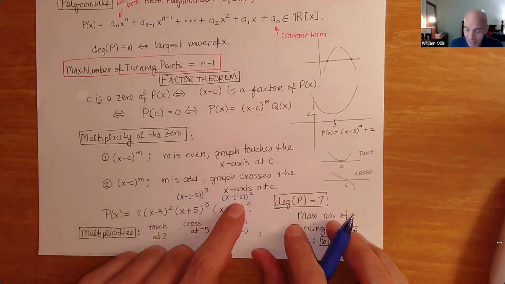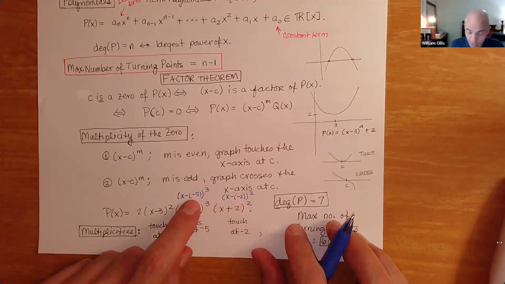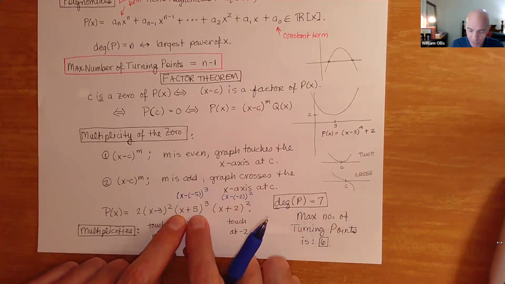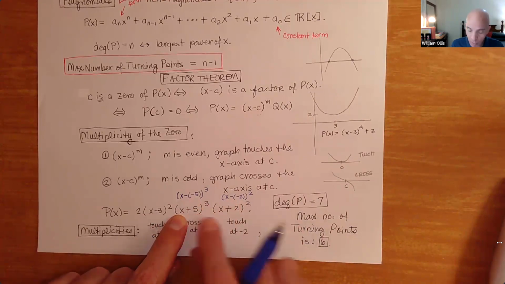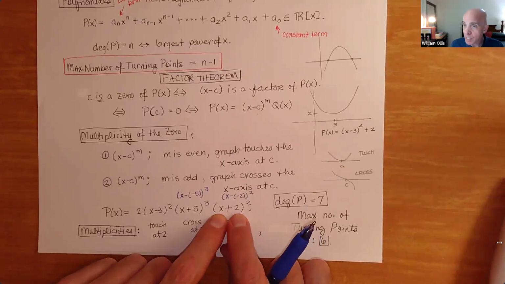So that highlights the fact that the actual zero here is -5. But now, of course, if you replace x with -5, this factor is annihilated. It becomes the zero. If you replace this x with -2, it becomes the zero.